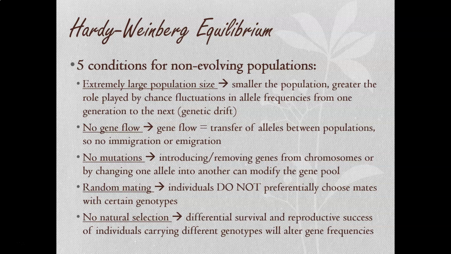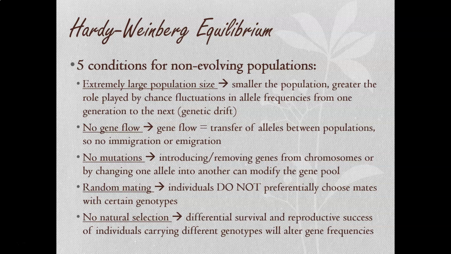So if somebody moves in, that means they're adding to that population, and that's going to change the frequencies. If I have somebody leave, the same thing. They'll take those alleles with them and again change the allele frequency. The whole point of Hardy-Weinberg is that nothing is supposed to be changing. It's supposed to be a no change baseline. So I can't have anybody moving in, I can't have anybody moving out.